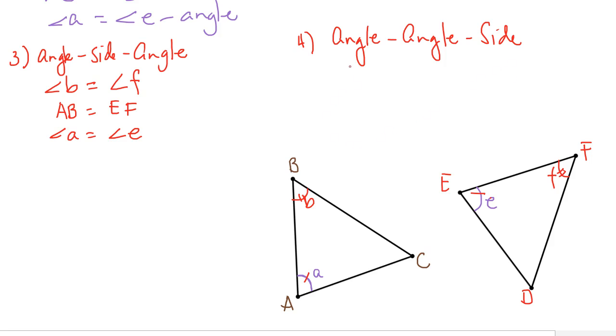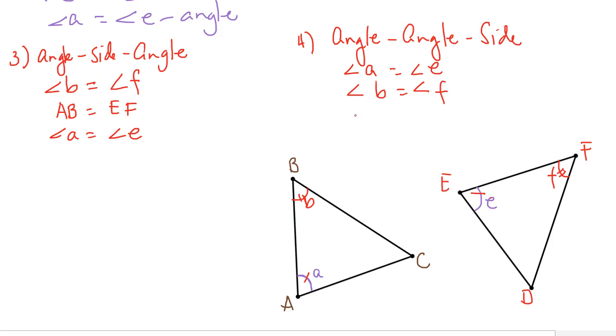That means if I have angle A equal to angle E, and angle B equal to angle F, and then we can find a side that is not included, that means it's not in between.